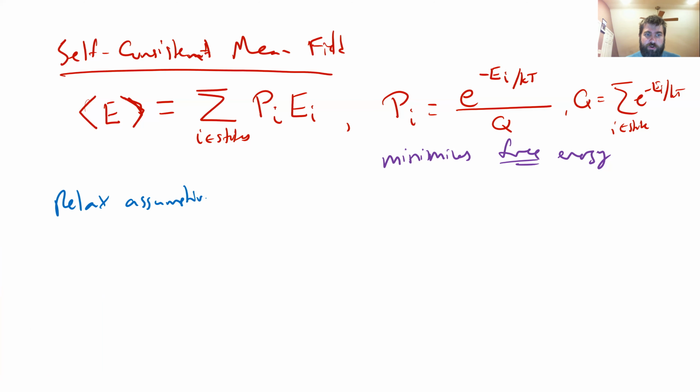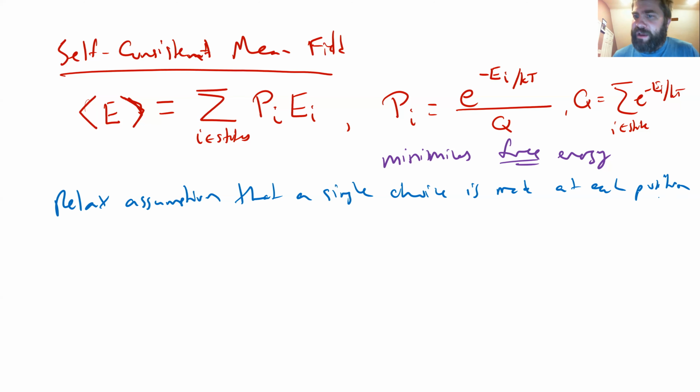We're going to relax the assumption that a single choice is made at each position. Now, this seems a little bit weird. How can you make more than one choice at one position? Well, this is where these probabilities come in, right?